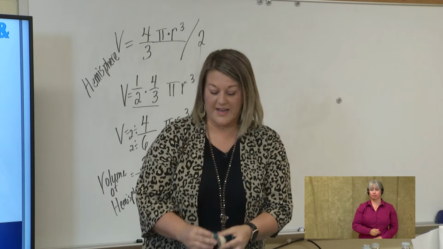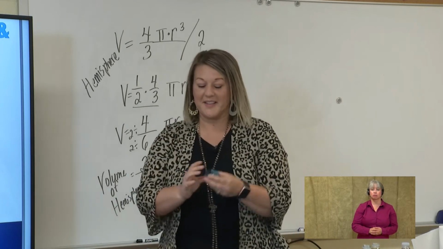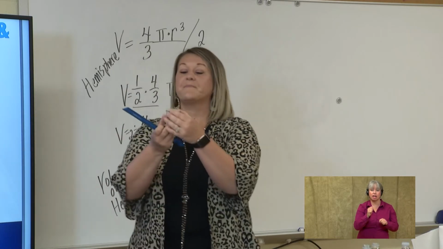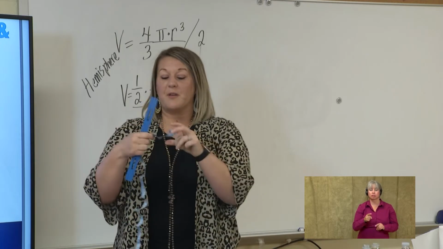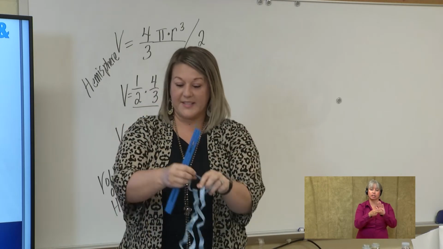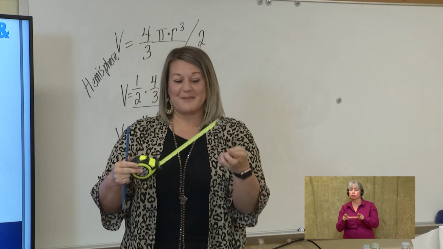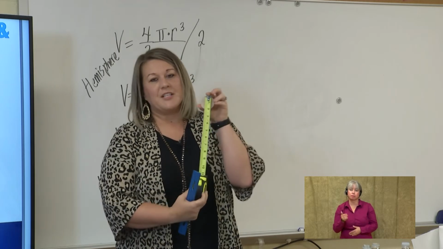So we know that 2/3 is half of 4/3. So let's find the volume of this hemisphere. Let's find the one that's a piece of wood. So you would need to get some type of measuring tool. Maybe you have a measuring tape like this. Maybe you have a ruler. Maybe you have your dad or mom's measuring tape if they do, okay? This one is approximately 2 inches.